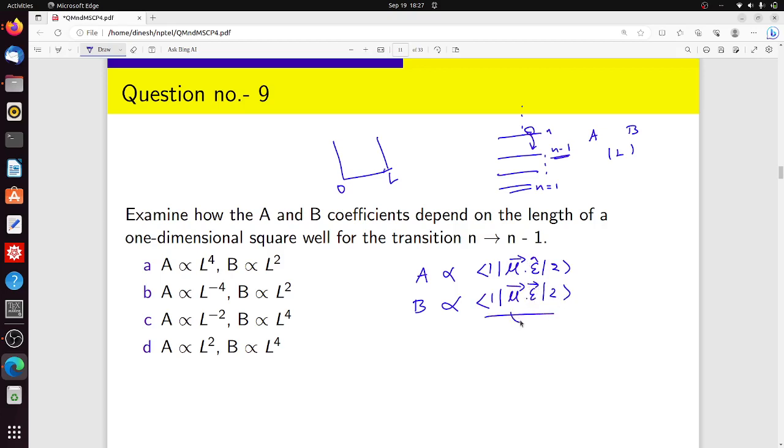These are called transition moment integrals.